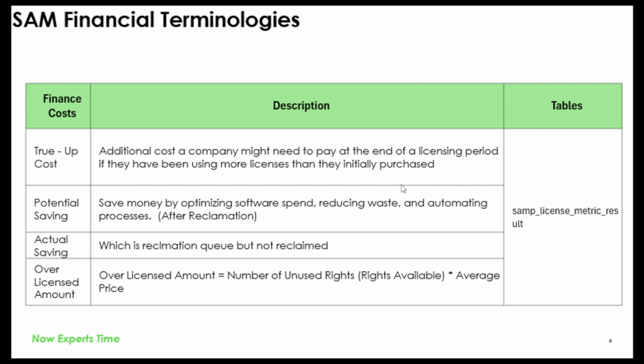One more point before going to the demo: where can I see this data in the tables? Every call I'm reminding one point: dashboards and reports are very important in your software asset management solution. They are easily accessible for the business and users to understand the relevant information.